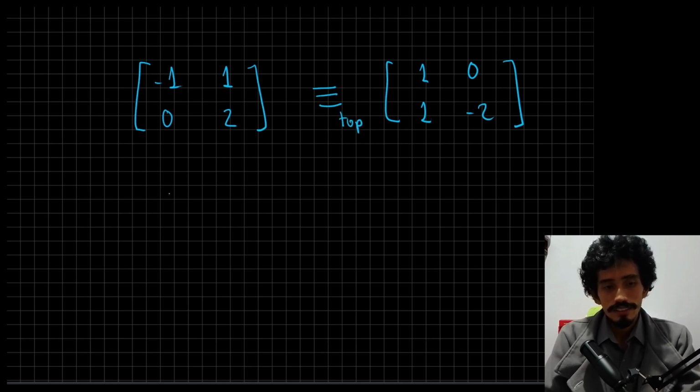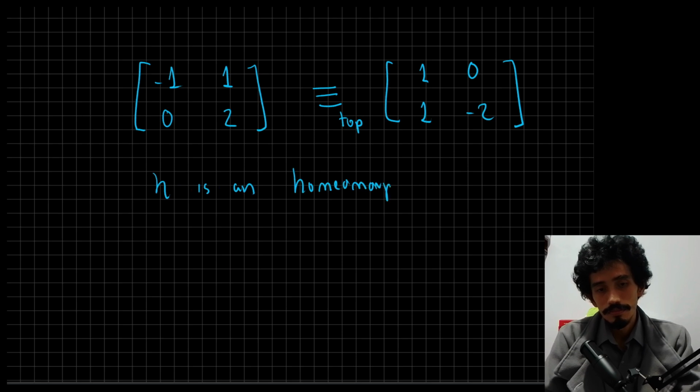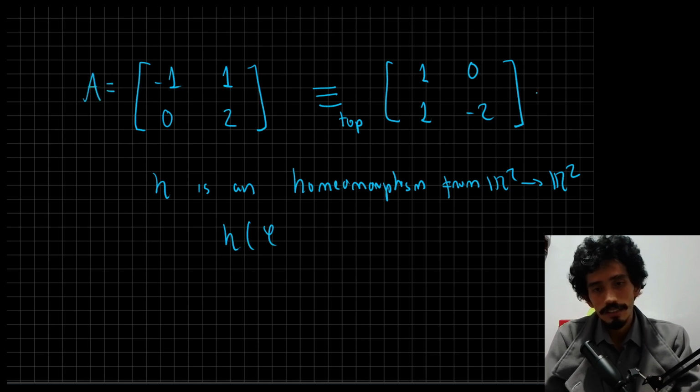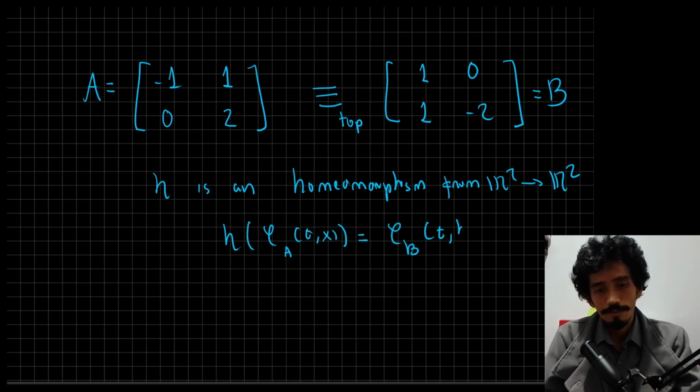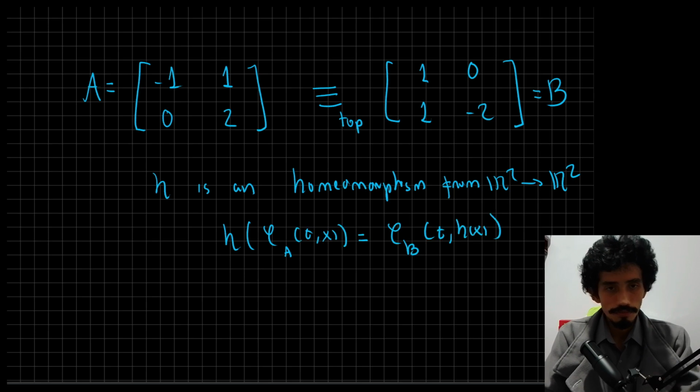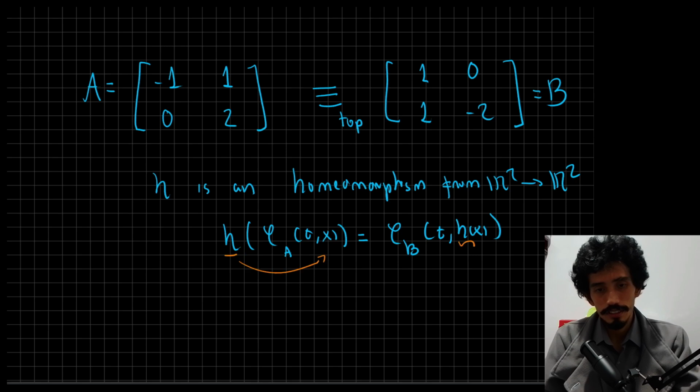That means that there exists a function, let's say h, that is a homeomorphism from R2 to R2 such that h applied on the flux of A, let's say this is the matrix A and this is the matrix B, is equal to the flux of B applied on h. So the homeomorphism gets inside and appears here.